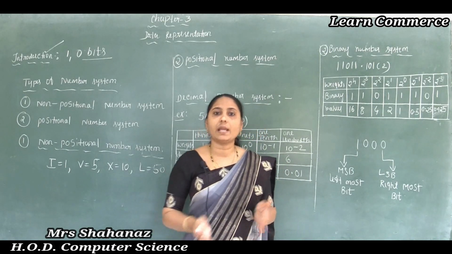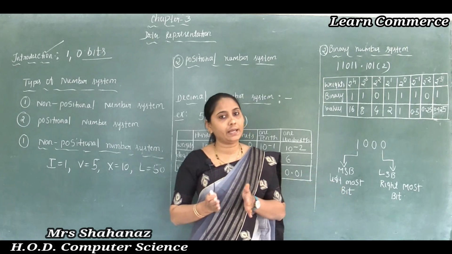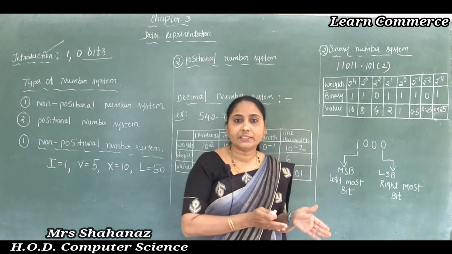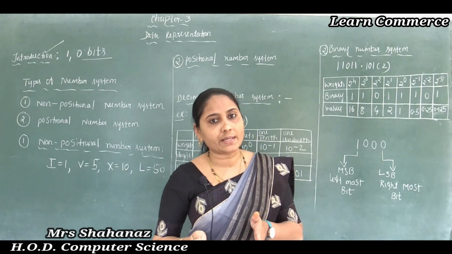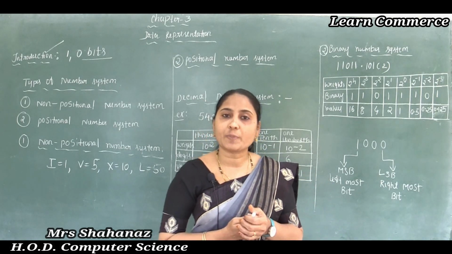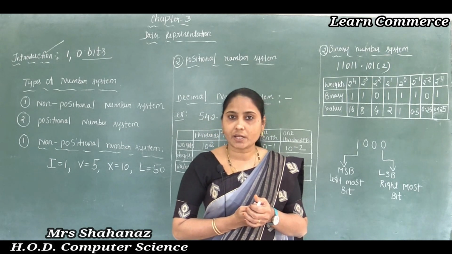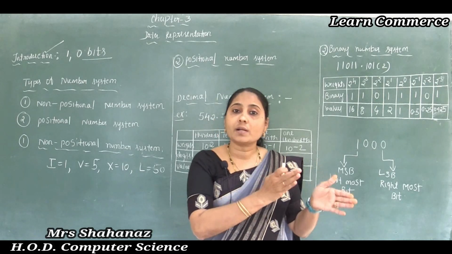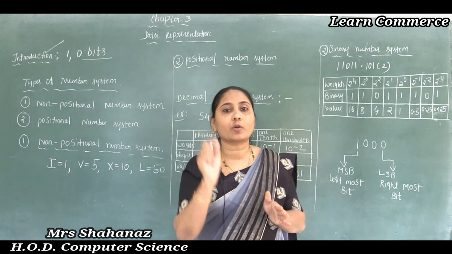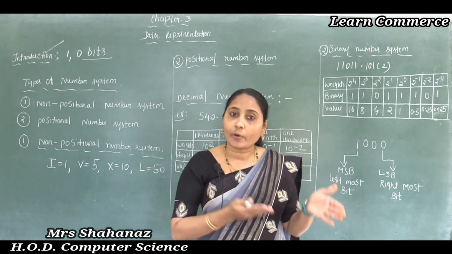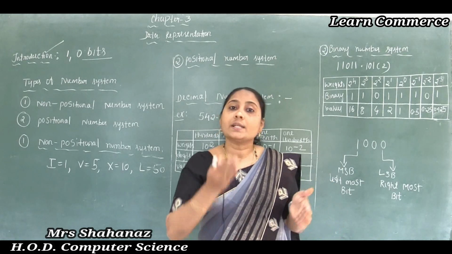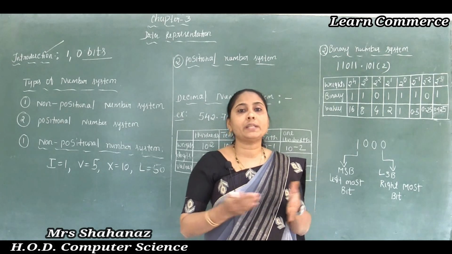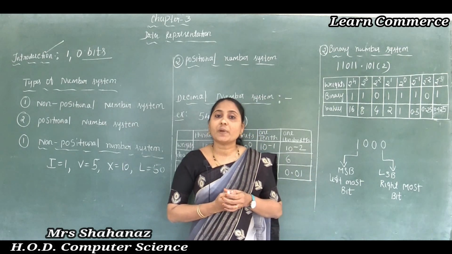Maybe the data is alphabets, A to Z, or digits, 0 to 9, or special characters and special symbols like less than, greater than, equal, plus, minus, question mark, single quote, semicolon. Correct? Caret symbol, one's complement, single quote, double quote, parentheses, curly brackets. Many types of these symbols are called special characters.